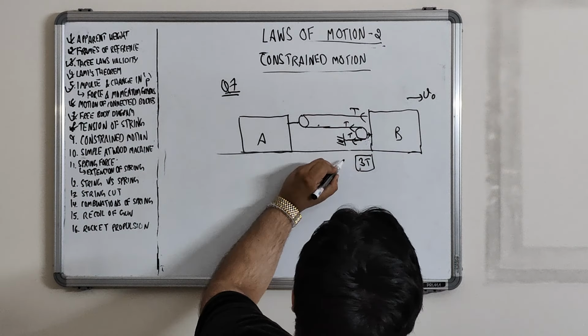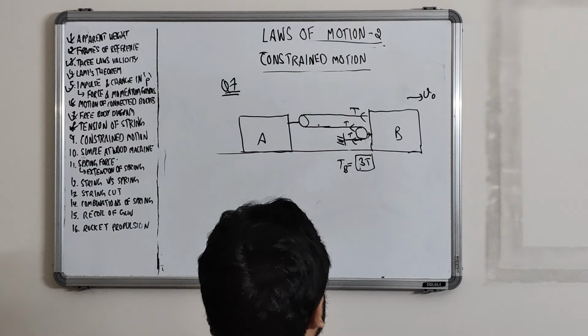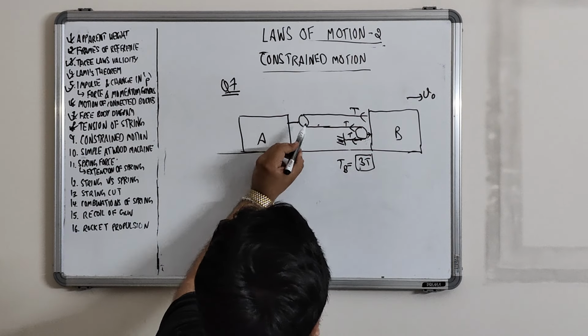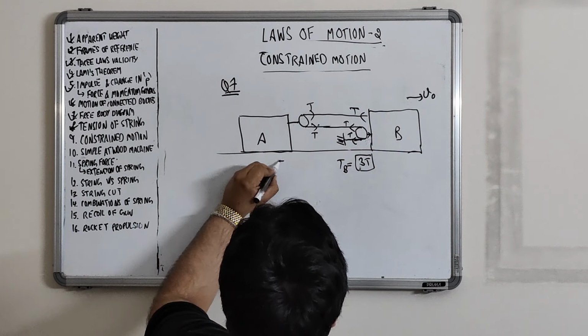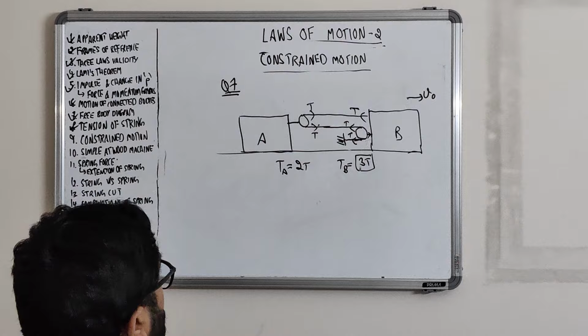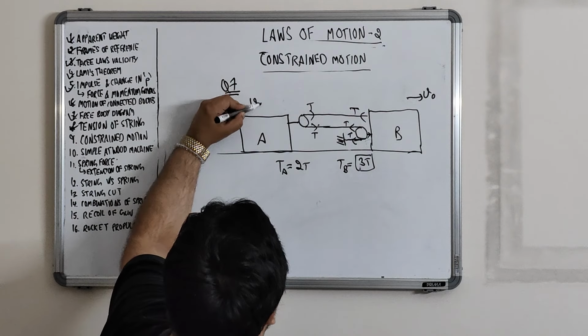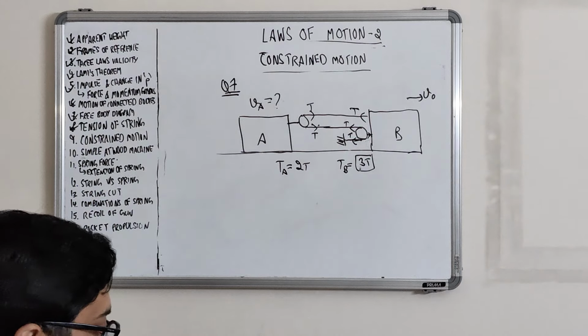So TB is equal to 3T, and we have 1T here, 1T here, so TA is equal to 2T. Now velocity of A we have to find out.